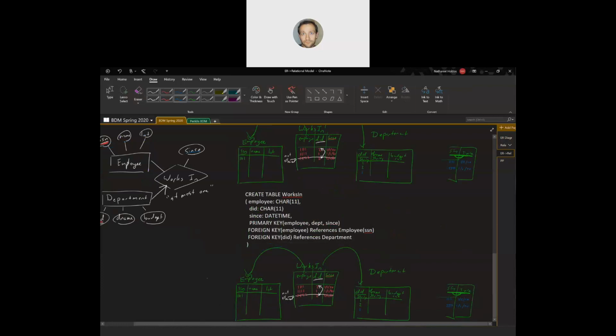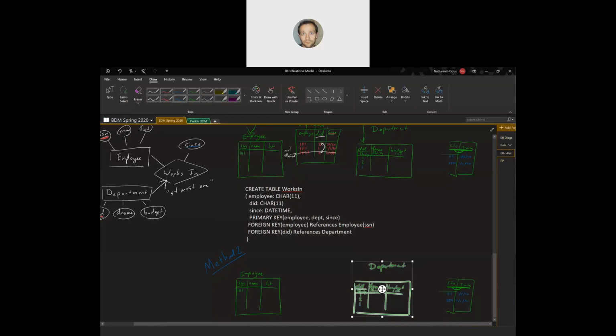Okay, method 2. A second way you can capture this is to not create another works in table, but to instead extend the department table.